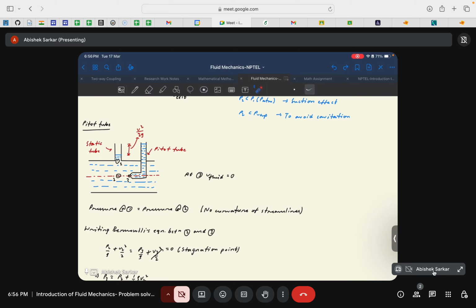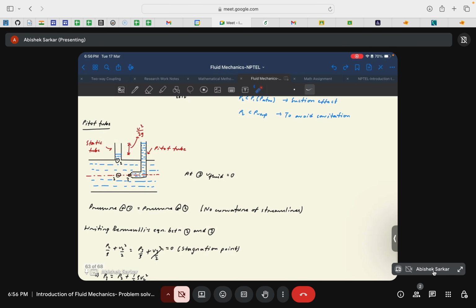That's the most fundamental working principle behind the working of the pitot tube. So at point 3, at the opening of the static tube, the velocity of the fluid becomes 0.